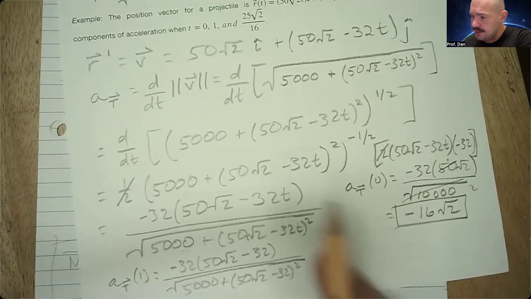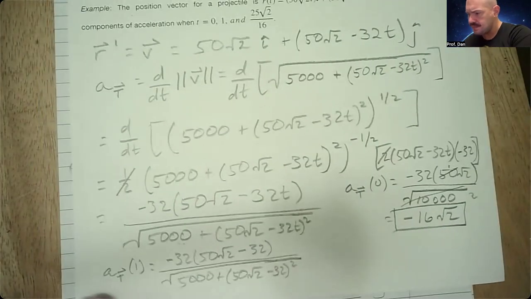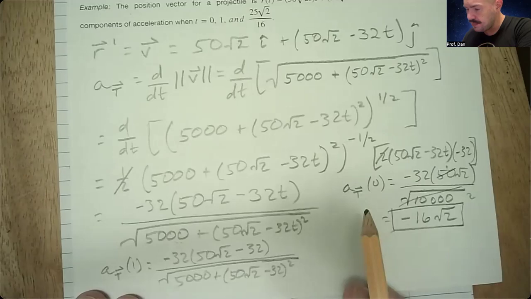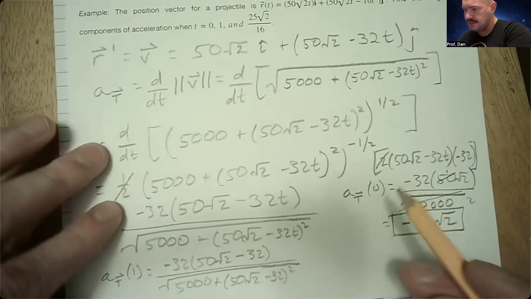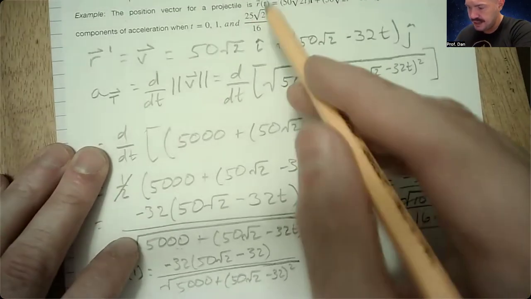And then if t were equal to this guy, it would actually end up being super, super convenient.